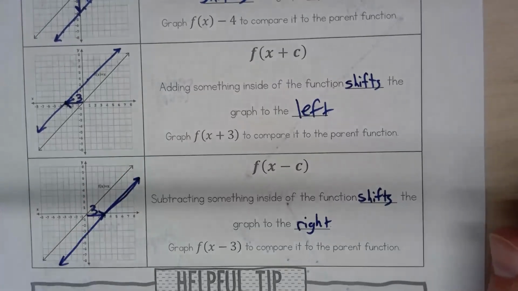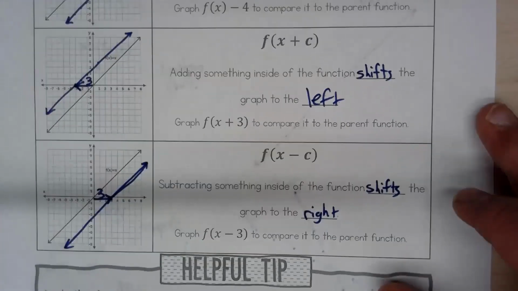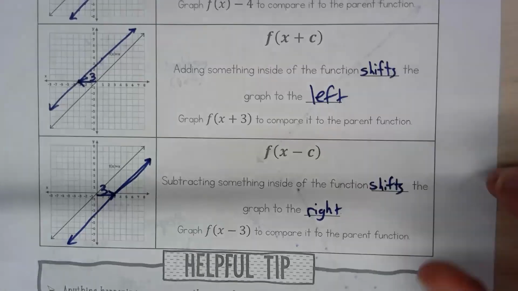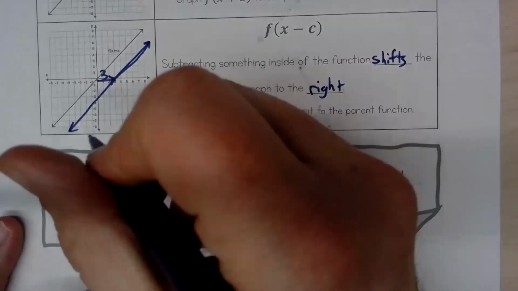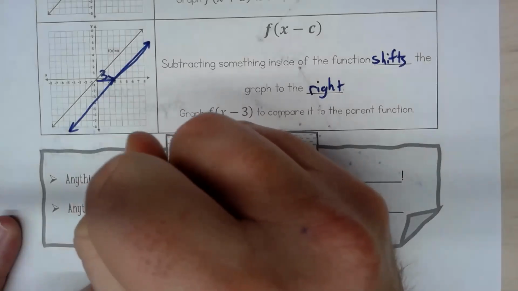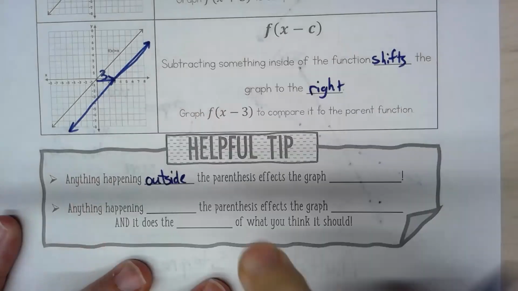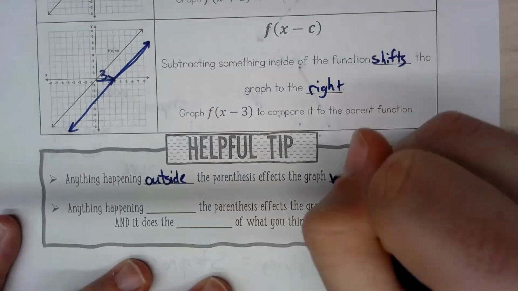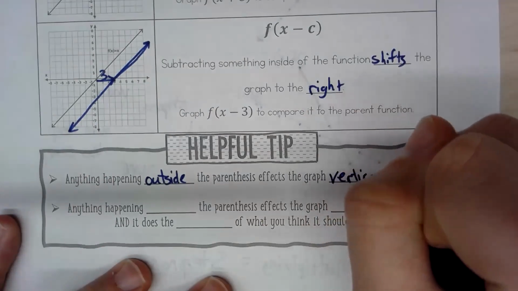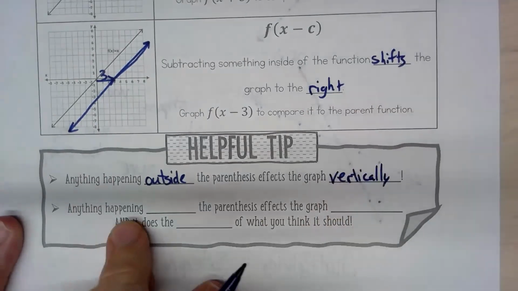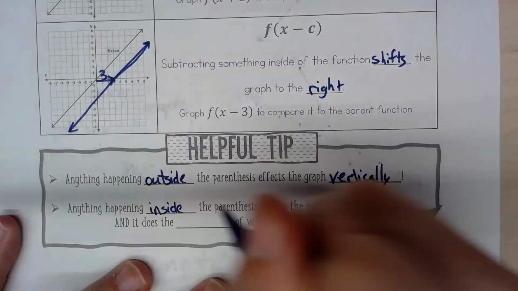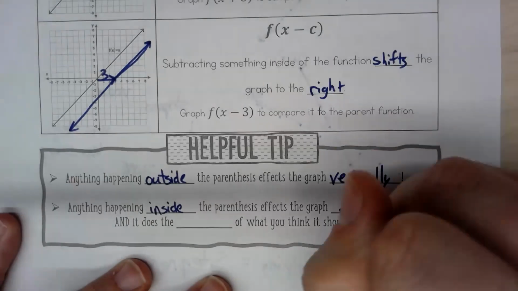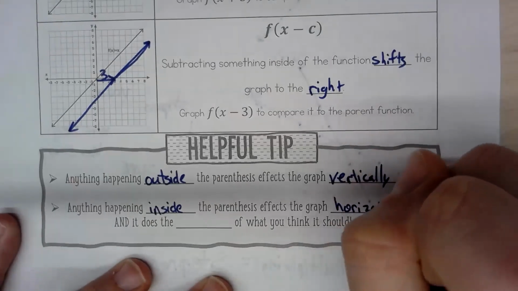So I know that's the part that's confusing to people. They're like, why is adding going left? So let's look at this. Anything happening outside the parentheses affects the graph vertically. And anything happening inside the parentheses affects the graph horizontally.